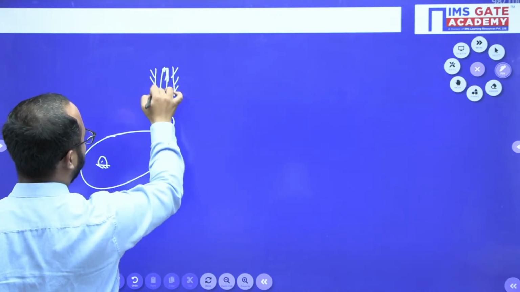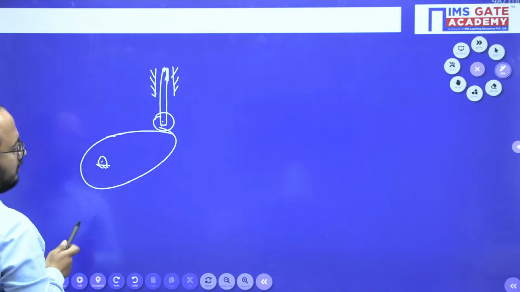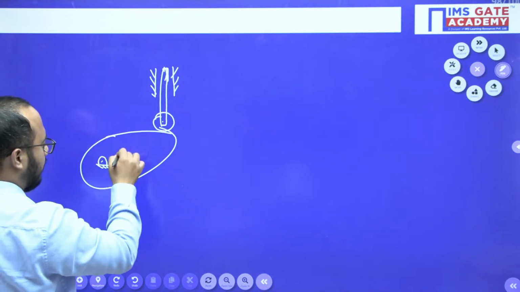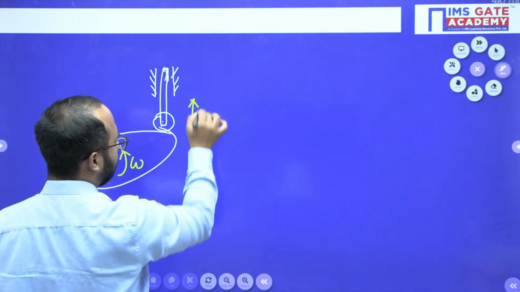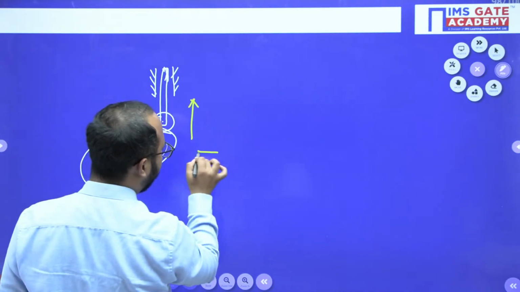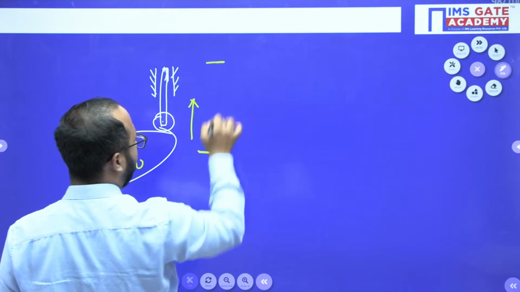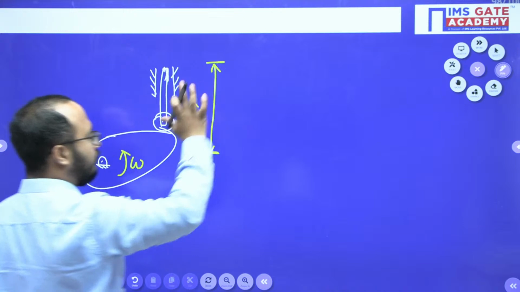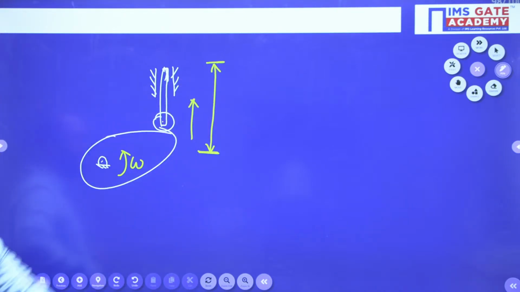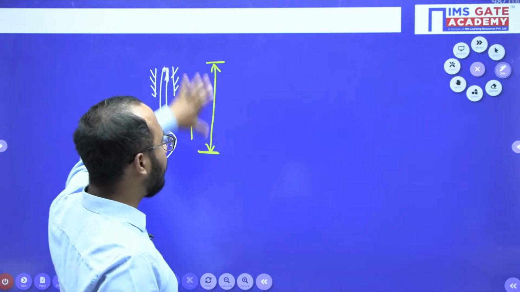So I've drawn this cam and follower here. Now let's suppose it is rotating like this, with omega. So what will happen? The follower will move upwards. There is a minimum position of the follower and a maximum position of the follower. Between that it will move, and that is what is known as the lift of the follower, the movement of the follower.